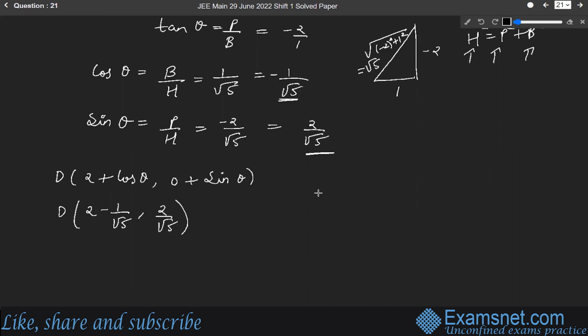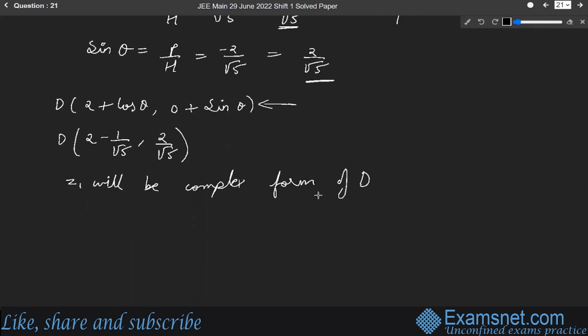Right. Now we know that PD was the minimum distance. Okay. And maximum distance was representing Z1. Right. So Z1 will be the complex form of point D. We know that point D is in the parametric form. And if PD is the minimum distance and maximum distance was represented by Z1, so Z1 will be the complex form of D. Okay.